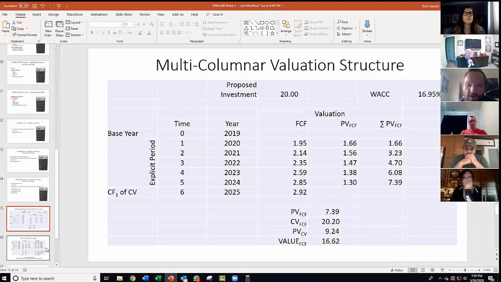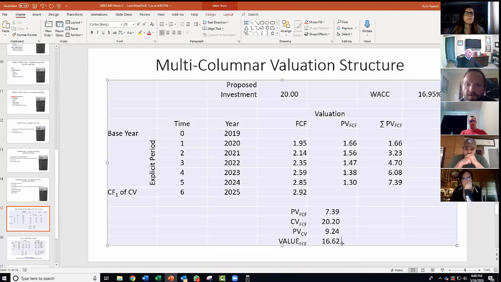Okay. And then what is the last number? Is that just the cumulative of 1 through 6 at that point? But when you say the last number, you're talking about 16.62. Yeah, sorry. It's actually the sum of the present value of the cash flows during the explicit period, so 7.39, plus the present value of this continuing value.